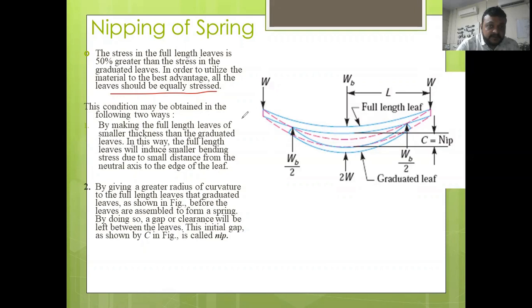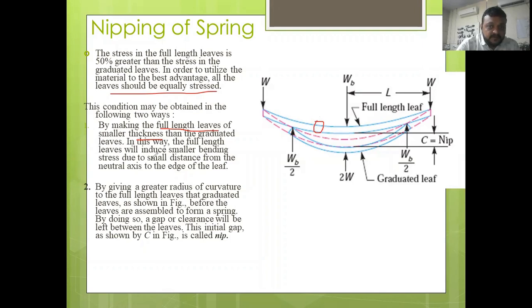So nipping is helpful in this case. The condition may be obtained in two ways. One way is by making the full length leaves of smaller thickness than the graduated leaves. So the thickness of the full length leaf is to be kept smaller.